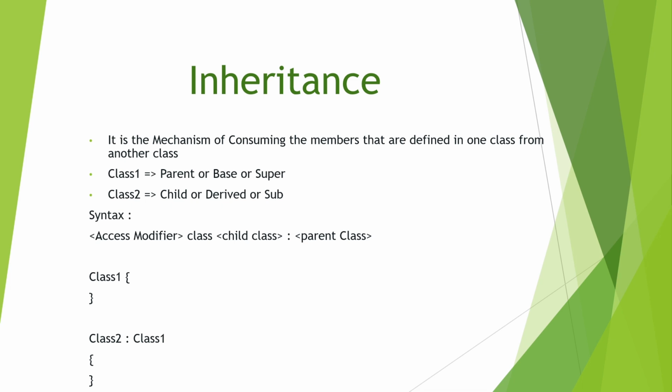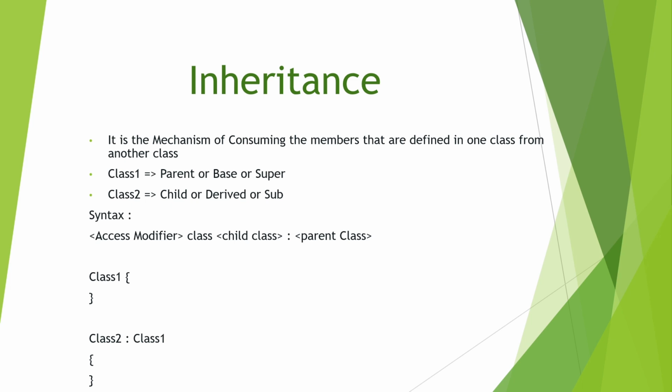Like if I have provided the test method inside class 1 and class 2 both, then if there is any change in that method, I have to make the change inside class 1 also and class 2 also. So inheritance is the solution for all of these.